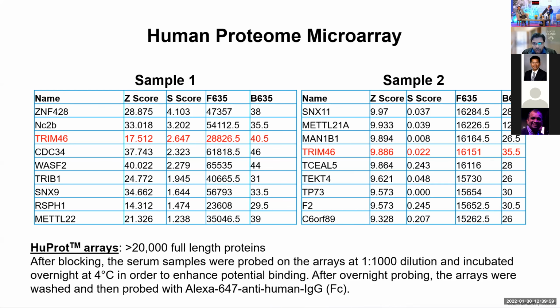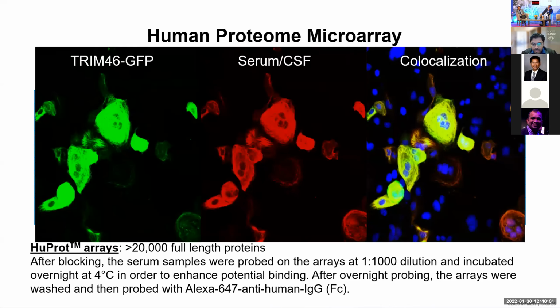We subsequently got COS7 cells and transiently transfected them with a plasmid, leading to overexpression of TRIM46, which you can see in the green signal here. We utilized patient serum and CSF with a TRITC secondary, shown as red signal here, showing classic perfect co-localization, confirming that TRIM46 was the hit we were looking for.